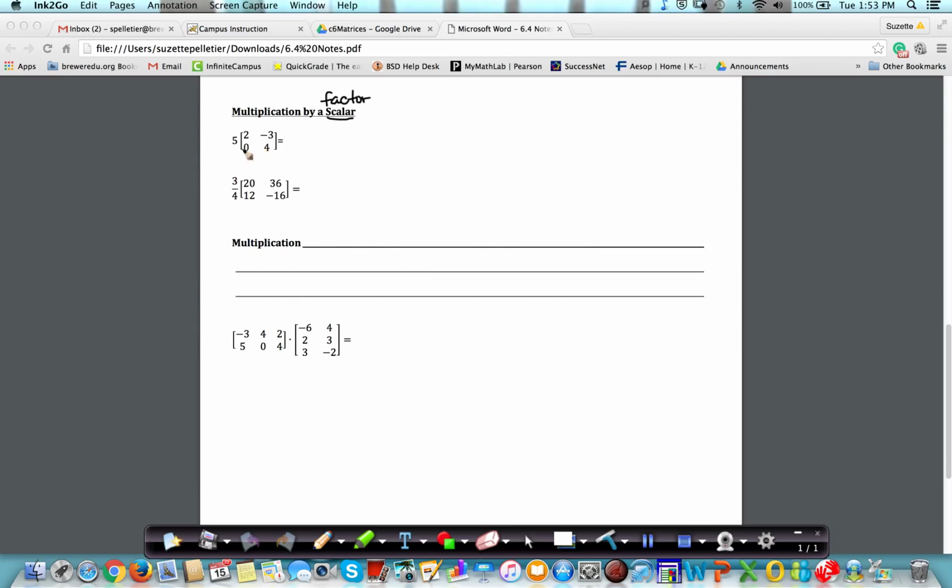So you can see that I have a matrix here, 2, -3, 0, 4, and I am multiplying by a factor or a scalar of 5. That literally means distribute the 5 to each element. So every single number inside the matrix, you're going to distribute a 5 to it.